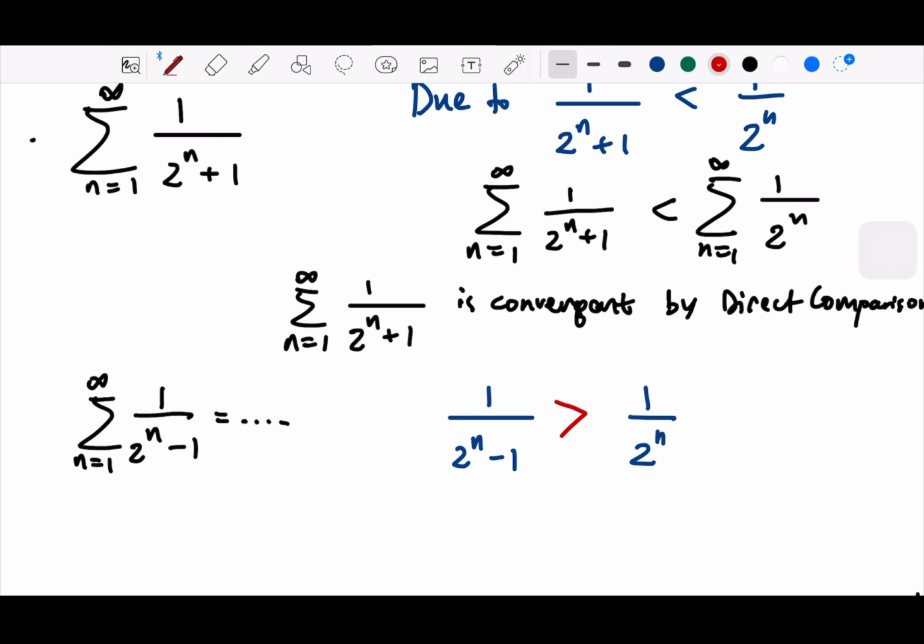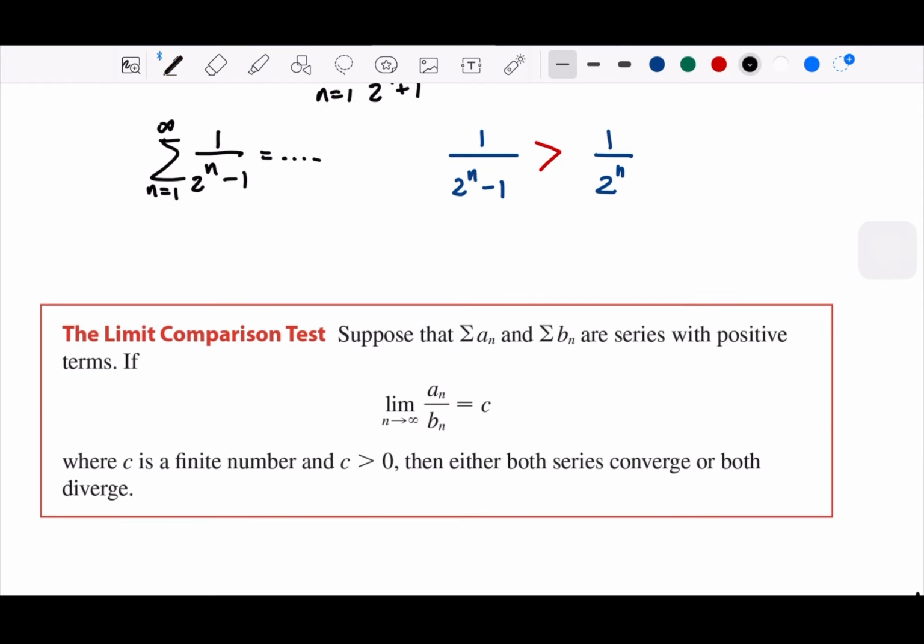So we're going to use the regular comparison test. What we are going to do is develop a new test that we call the limit comparison test. Okay, we are going to suppose that an and bn are series with positive terms.